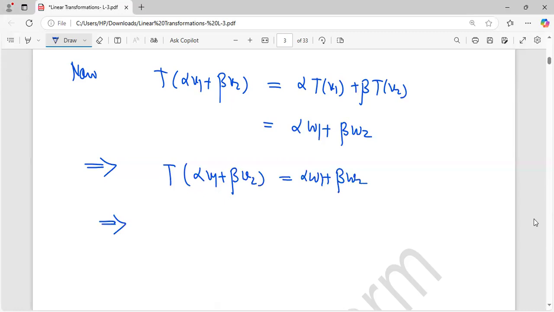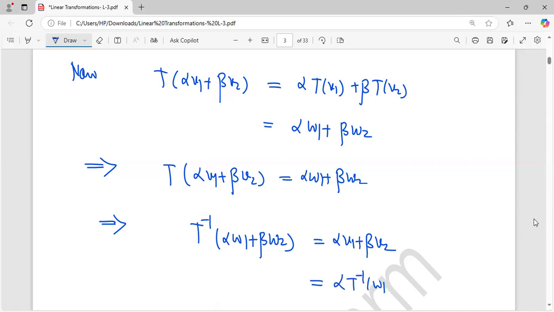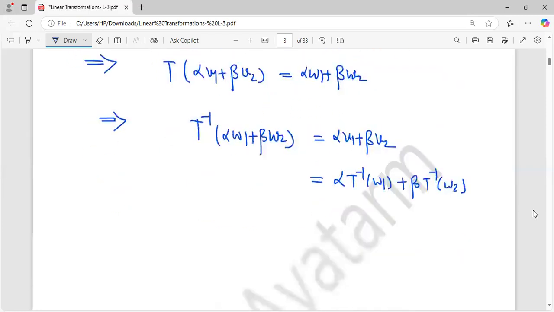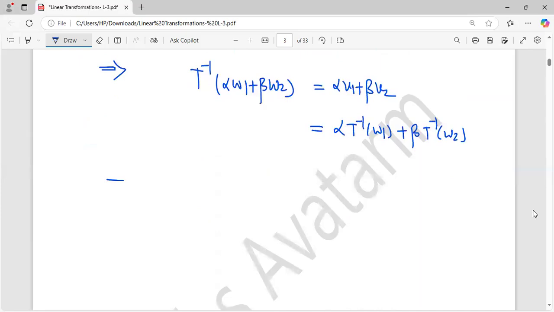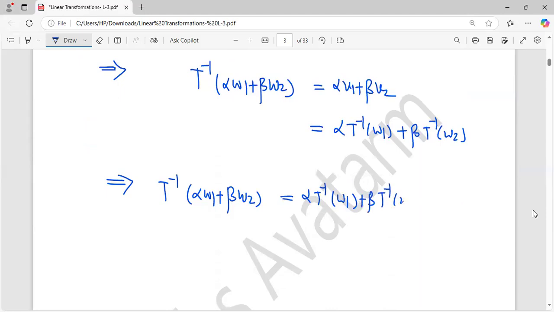So this implies alpha V1 plus beta V2 is equal to T inverse of alpha W1 plus beta W2. But what is this? This is alpha T inverse W1 plus beta T inverse W2. So this implies T inverse of alpha W1 plus beta W2 is equal to alpha T inverse W1 plus beta T inverse W2.